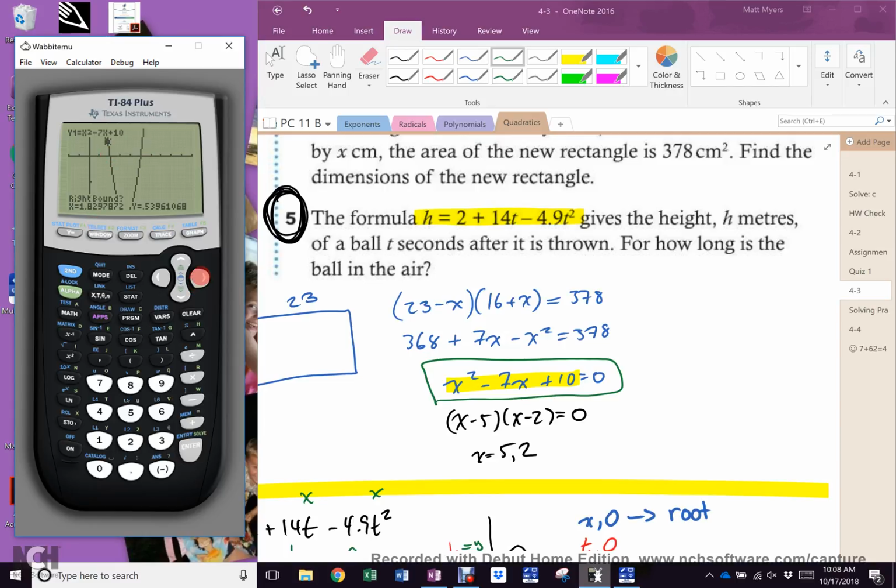Okay, there's my left boundary. Now where should I go? If I come all the way over to here, now, do I have both of my zeros in between my boundaries?